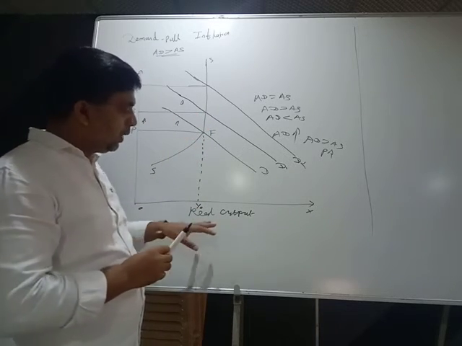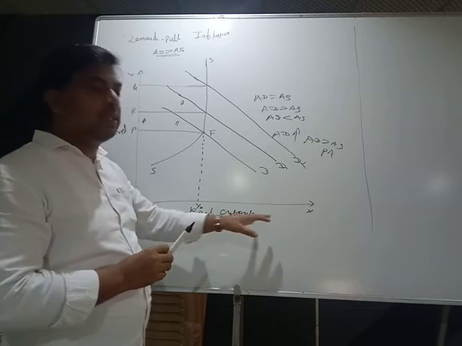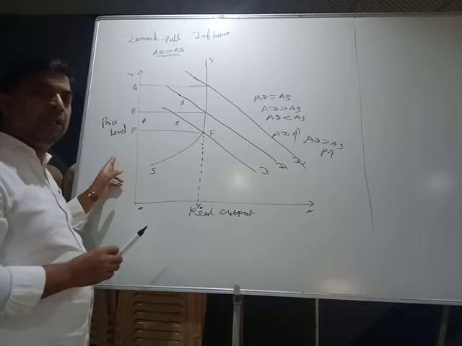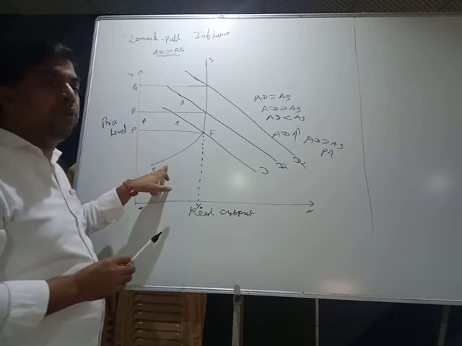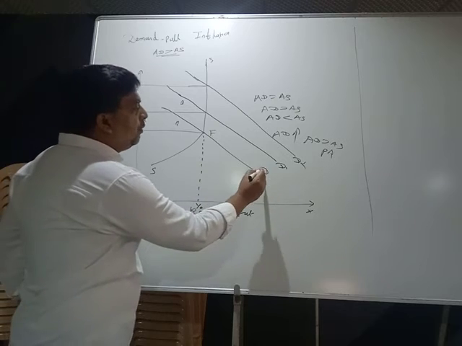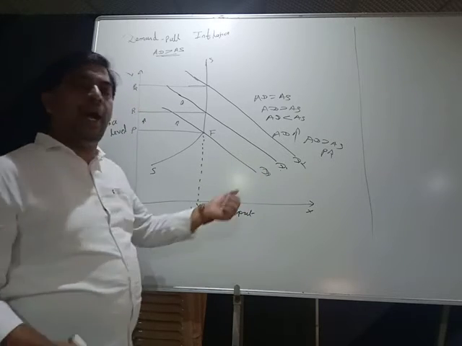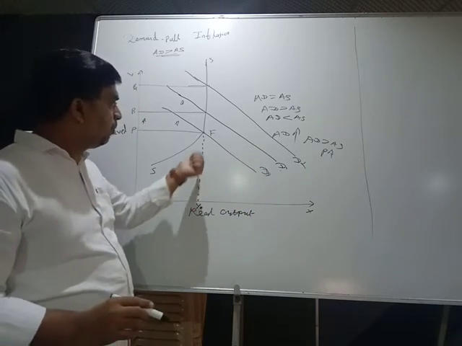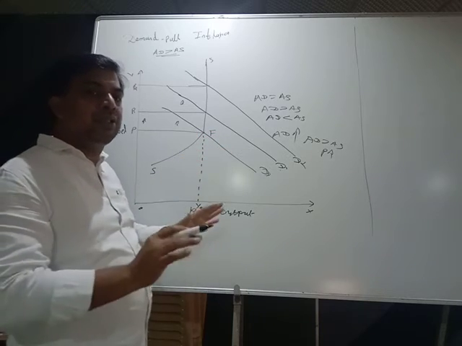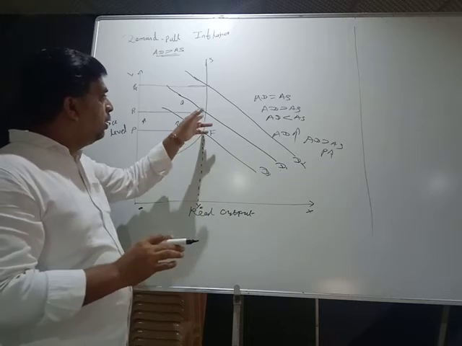So we'll try to understand again. The x-axis represents real output, the y-axis represents price level, the SS curve indicates the aggregate supply curve, D1 and D2 are aggregate demand curves. Point F suggests that the economy has reached the full employment level. Why?